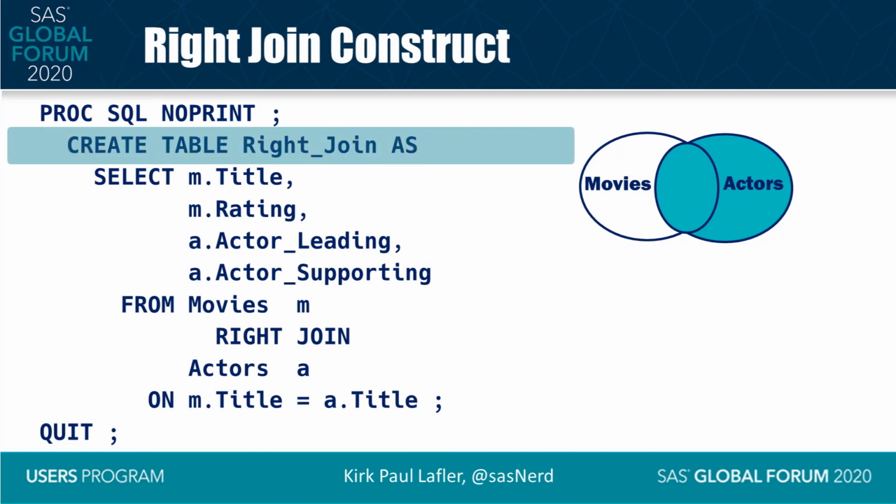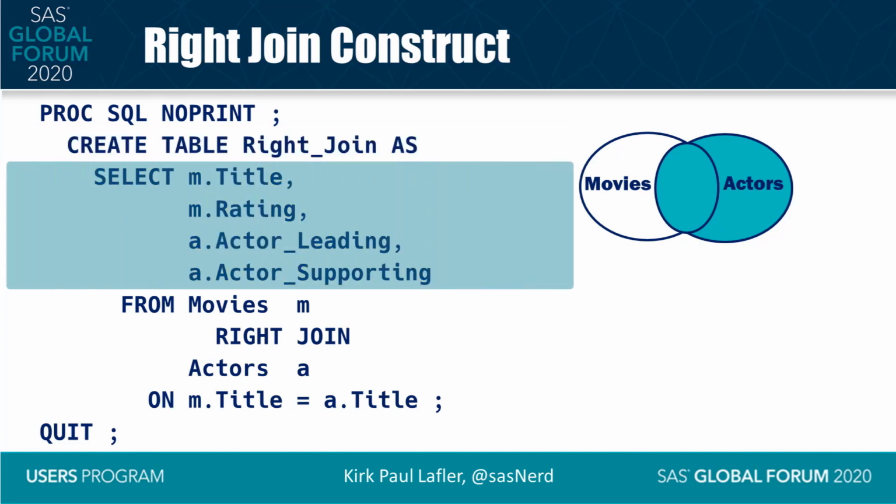In this case, we could make this join the same as a left join. But I'm purposely not going to do that. I'm going to specify this right join construct where the actors table now is going to be the dominant or controlling table.